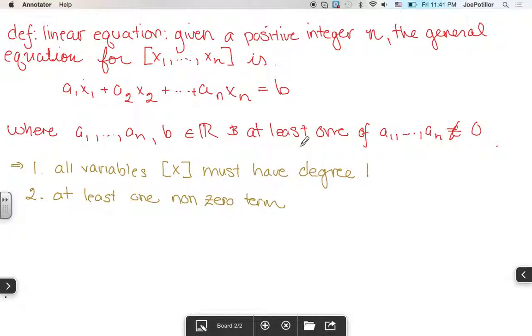So if you have 0 equals 0, it's a point, not a line. We'll discuss why that is later. But there has to be at least one non-zero term in a linear equation in n variables. Those are the characteristics which you need to know about it.